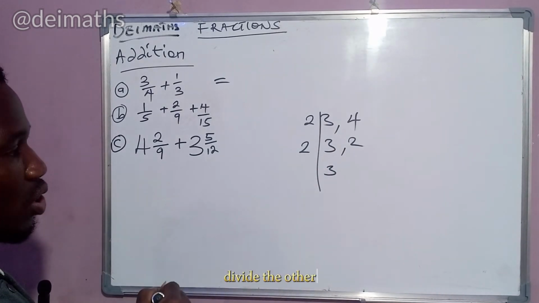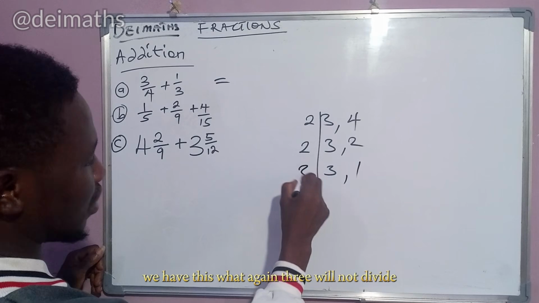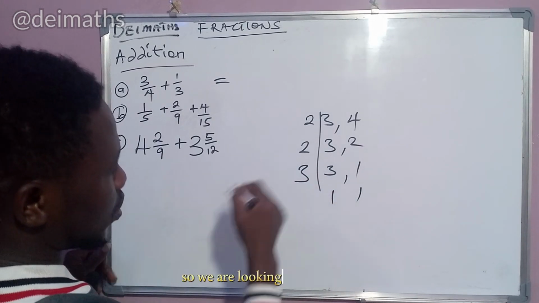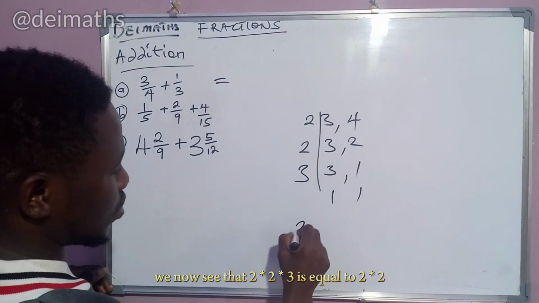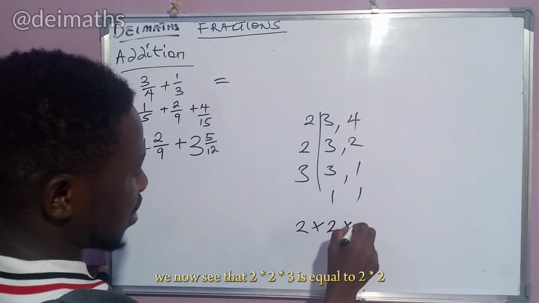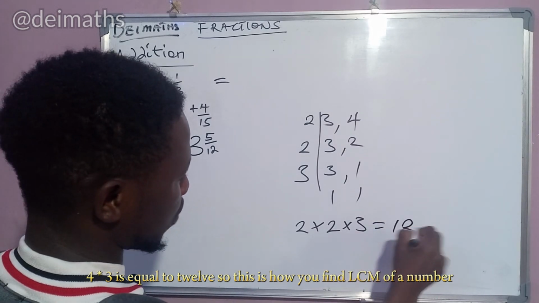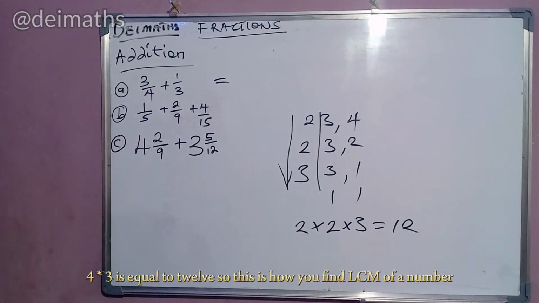Anyone that cannot divide the other, you bring it down. Now 2 divides this, we have this. 3 we now divide, which is 1, 1. So we are looking for the LCM. We now see that 2 times 2 times 3 is equal to 2 times 2, 4, times 3 is equal to 12. So this is how you find the LCM of a number.